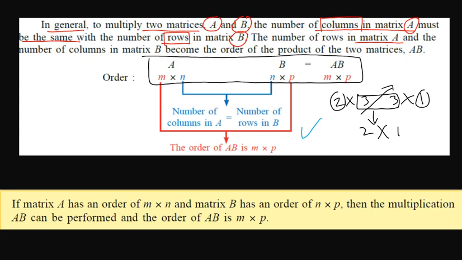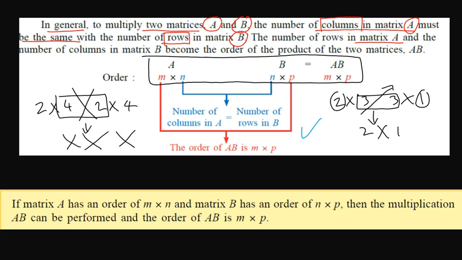That's the rules. So if you have a matrix like 2 by 4, and then you want to multiply with a matrix, let's say 2 by 4 also, you cannot do it, because this one is not the same. You will not get any matrix here. You cannot multiply.